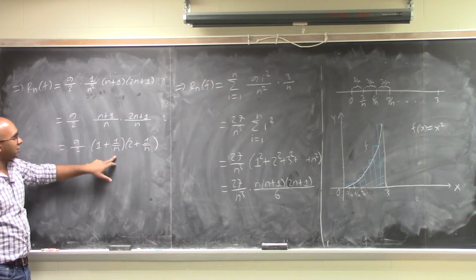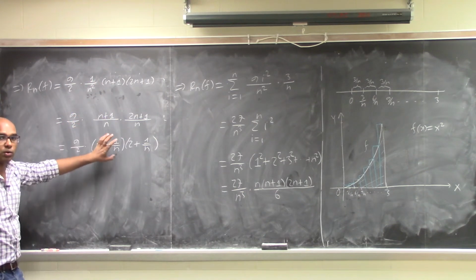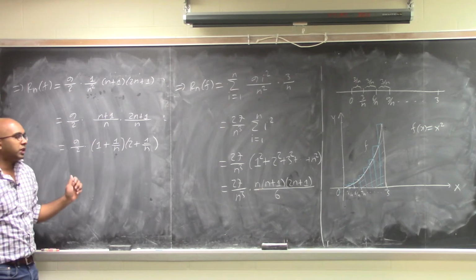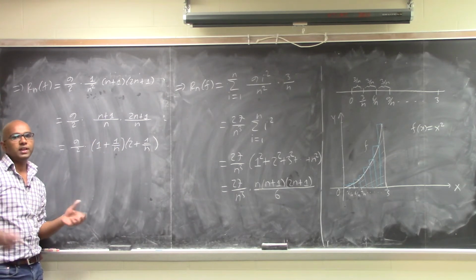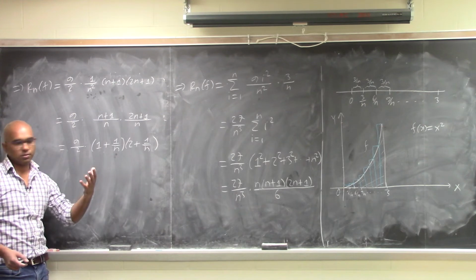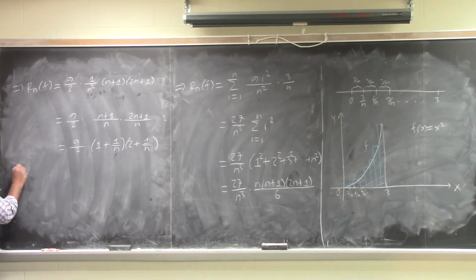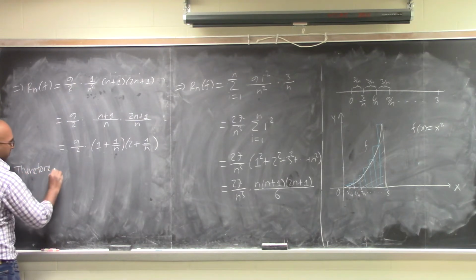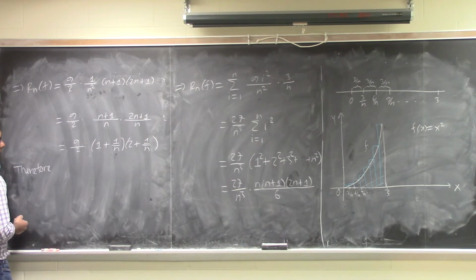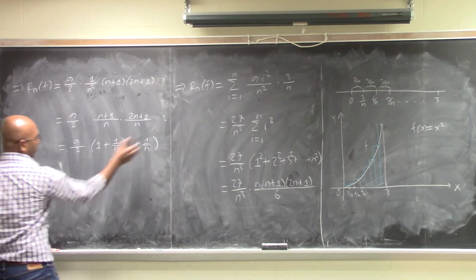And the trick is that instead of n, you have 1 over n. The good thing about 1 over n is that as n goes to infinity, 1 over n goes to 0. So this is a nice number now. That's also a nice number. Therefore, this integration. Should I write here or there? I will write there on that one.